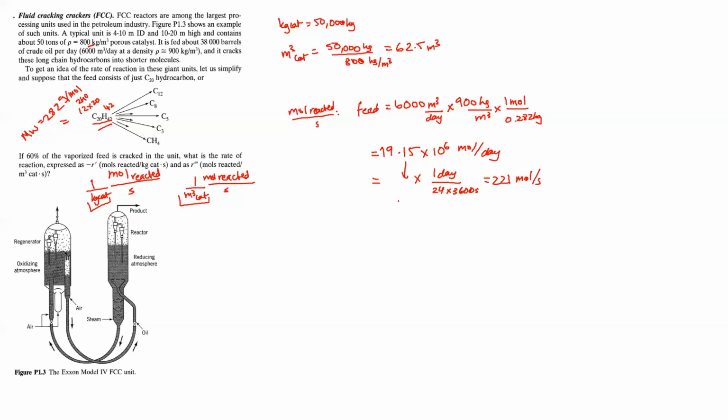So this is the moles of the feed. We're looking for the moles reacted. You're given an extra piece of information here telling you that 60% of the feed is cracked. So only 60% of this reacts. So moles reacted is just 60% of 221.